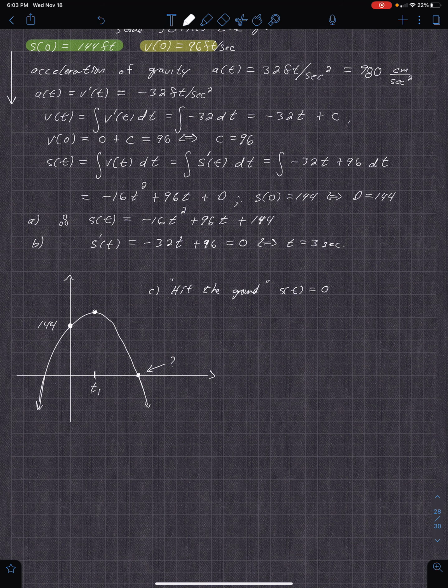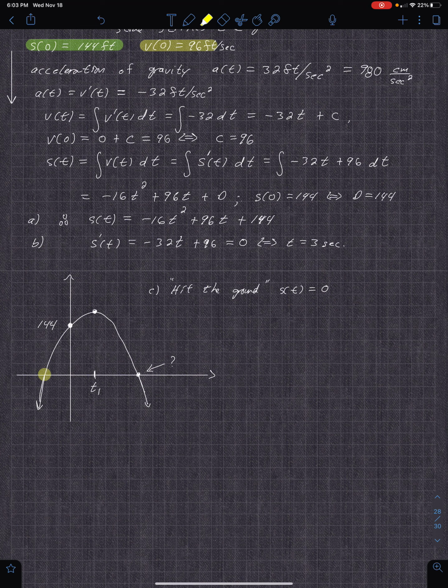So you're basically finding these intercepts here and here. Now, of course, the one on the left will be meaningless in this case. Actually, I put an X there by habit, but that's actually time. So this is time.